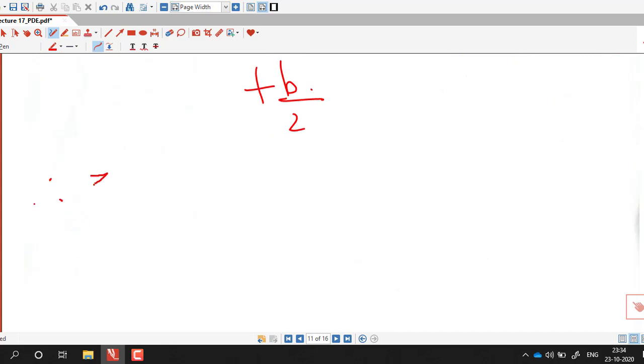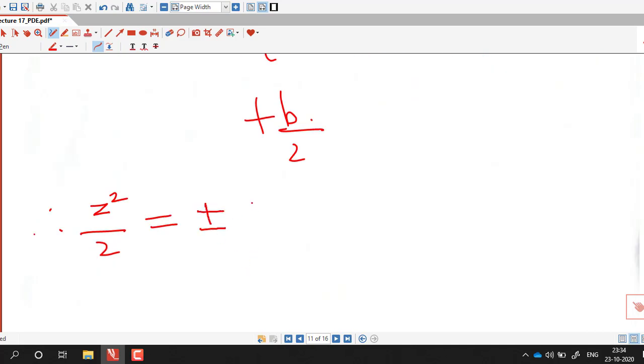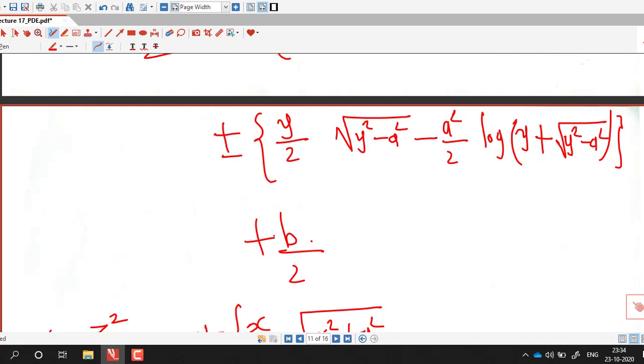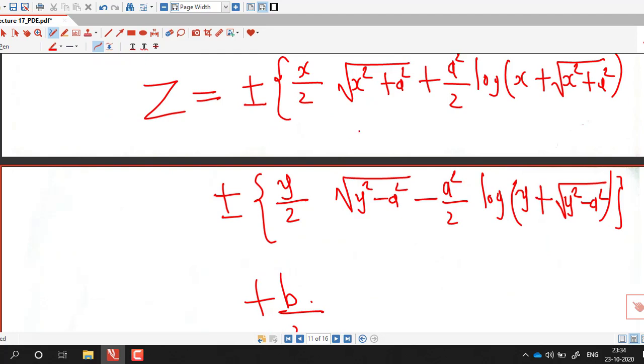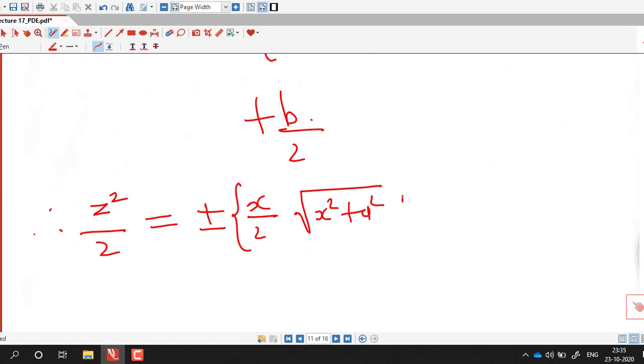So therefore Z square by 2 equals plus or minus x by 2 square root of x square plus a square plus a square by 2 log of x plus under root x square plus a square. Right hand side there is no change; we are rewriting it as it is.